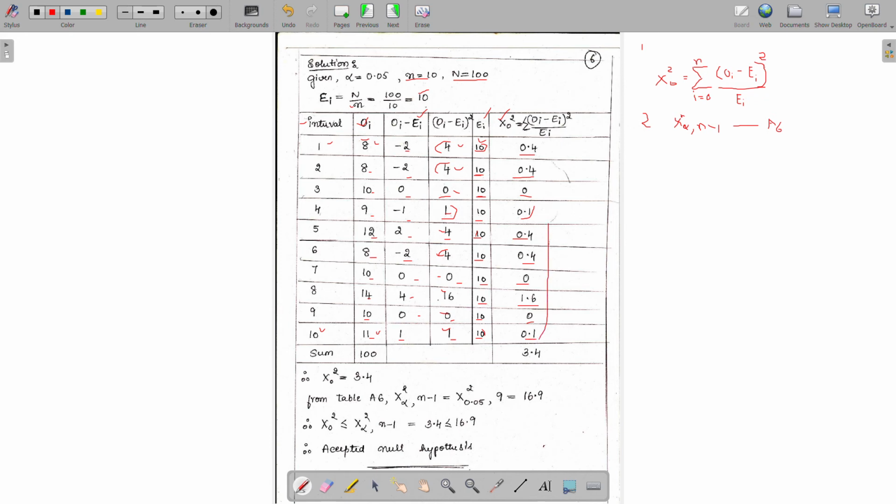Now sum all these values, you will get 3.4. 3.4 is the x naught square value.